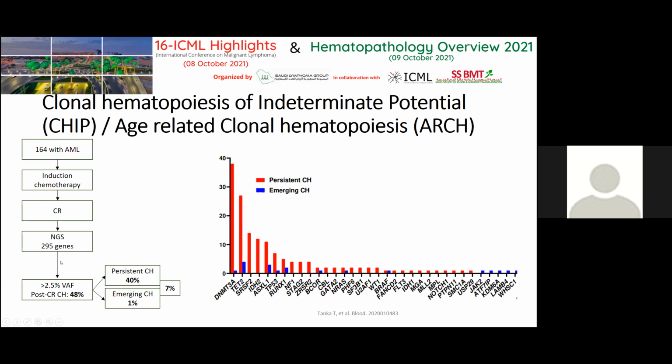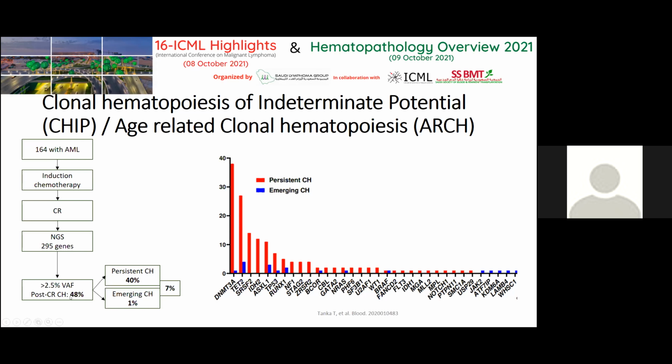So variants with greater than 2.5% allelic frequency at complete remission were defined as post-CRCH, post complete remission clonal hematopoiesis. Two subtypes were defined: persistent CH, where the variants were detected in the original AML sample and persisted after complete remission, and emerging CH, where the variants were not detected in the original AML sample but emerged after attaining CR.